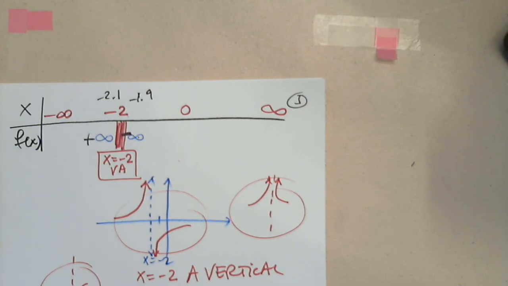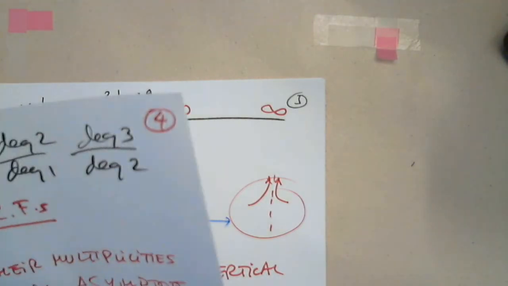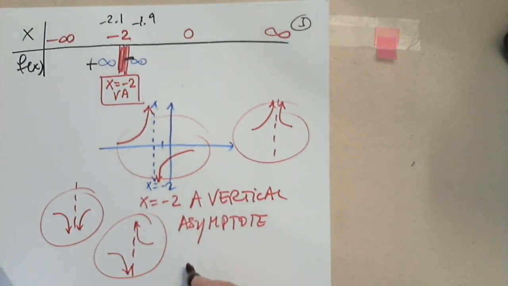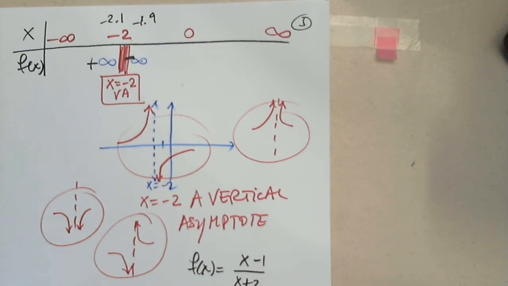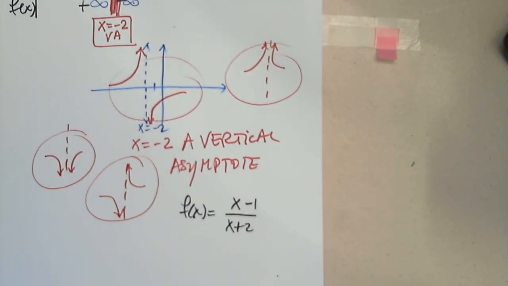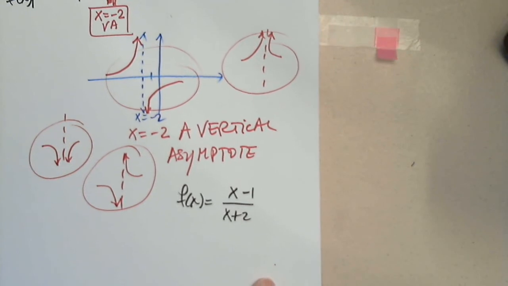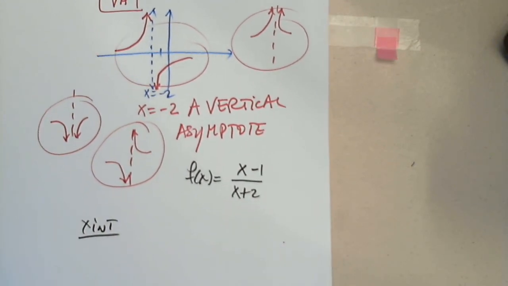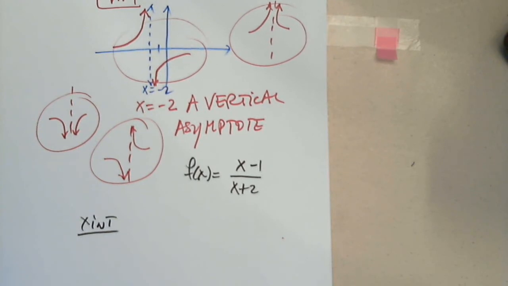No, that's fine. Good, so let's determine the x and y intercepts now. I remind you the function is x minus 1 over x plus 2. How do I determine the x-intercept? The function equals 0. Excellent.